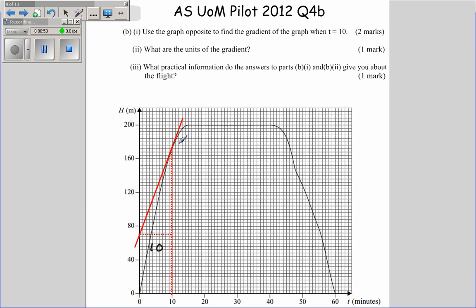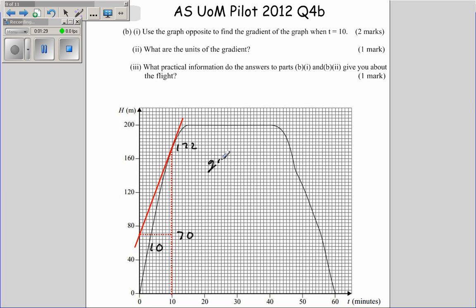How far up have we gone? That looks to me to be about, careful with the units here, okay, so 60 there, halfway between 40 and 80, that's halfway between 60, so that's going to be 70. And up here, the units are going up in fours, so we're going to say 64, 68, so it's on that next line, so 172. 172 minus 70, giving us a rise of 102.